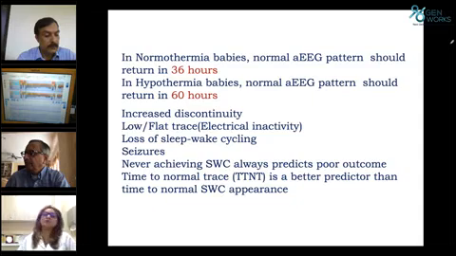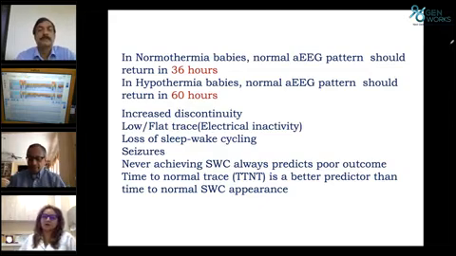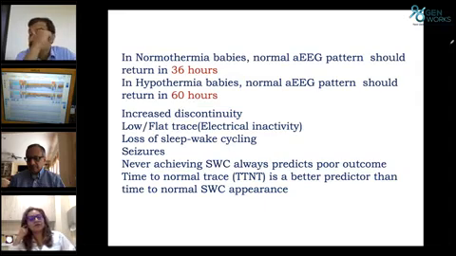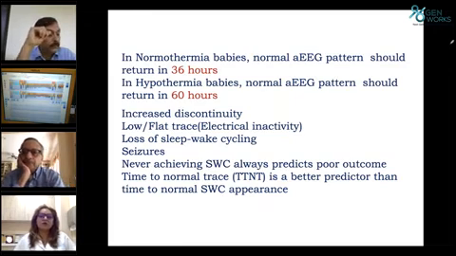Actually, if we go back to the era before, we can't talk about this now because research has well proven that we will be doing hypothermia for any baby who is asphyxiated and falls in the category requiring it. But before that, when the studies were going on, looking at hypothermia versus no hypothermia, we could gather the information that if the baby is at normal temperature, then the normal EEG pattern would return early on, between 24 and a maximum of 36 hours.